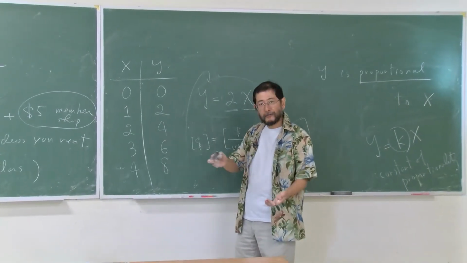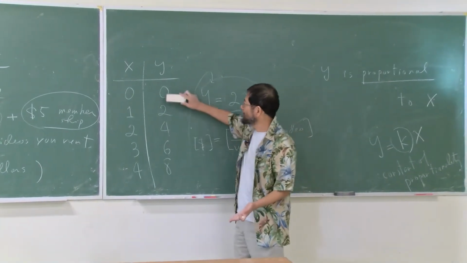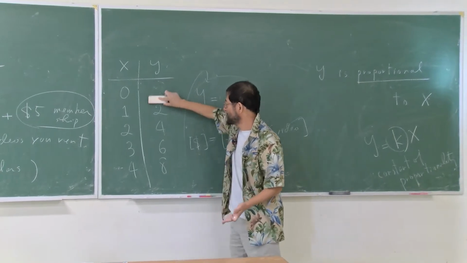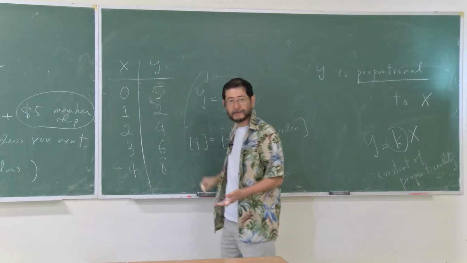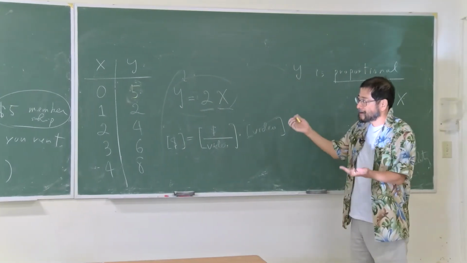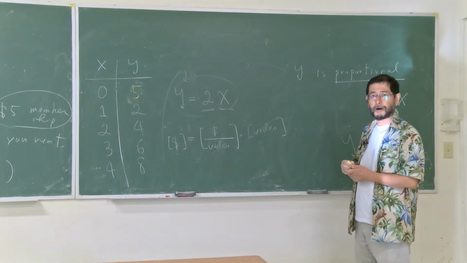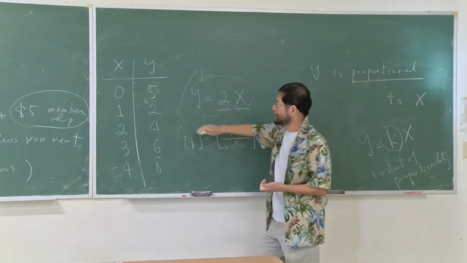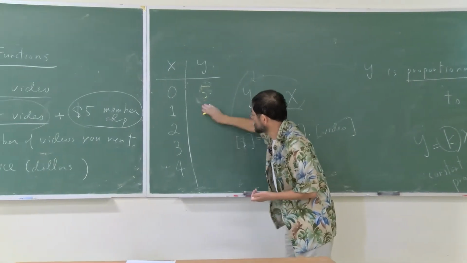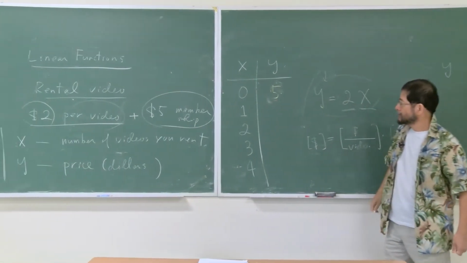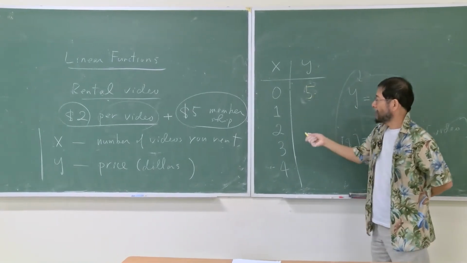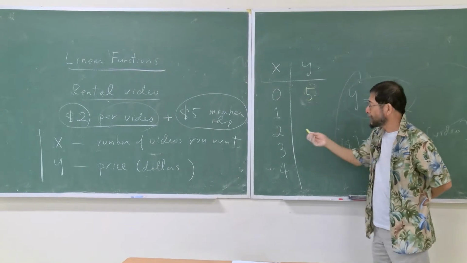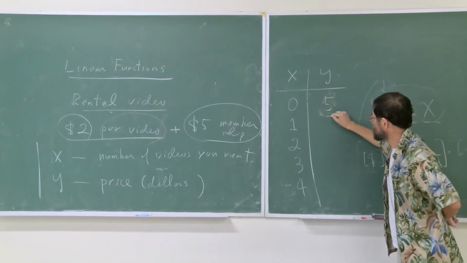since you have to pay $5 at the beginning, even though you don't rent anything, you still have to pay $5. So this time x is 0, but now your y is going to be 5. So this also changes the whole value here. If you rent 1, this time membership fee plus you have to pay $2.